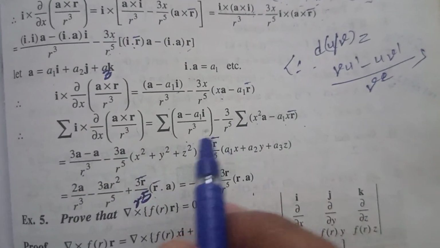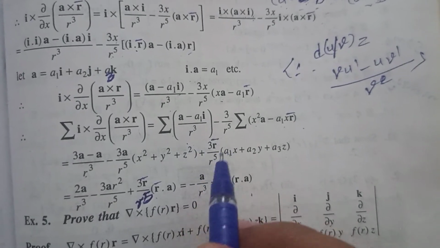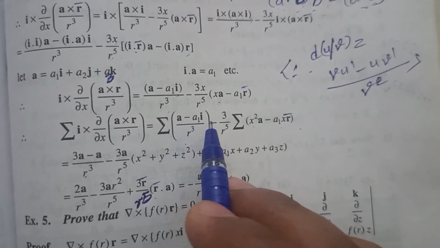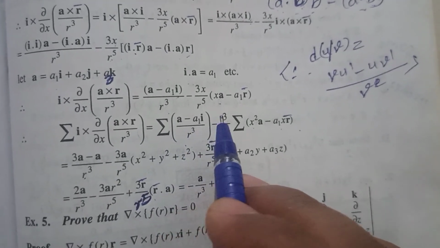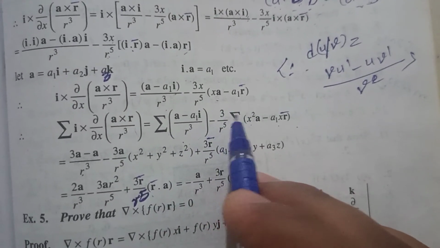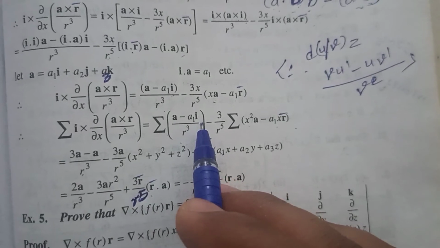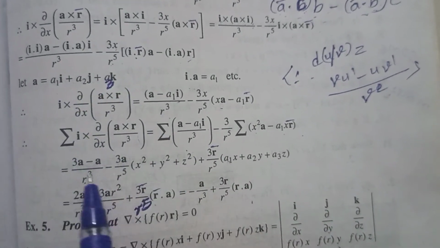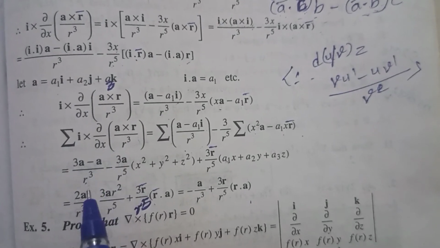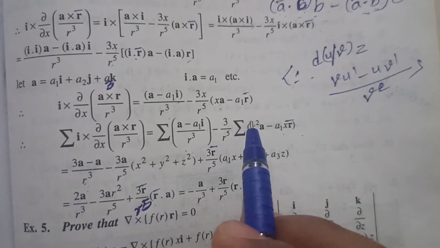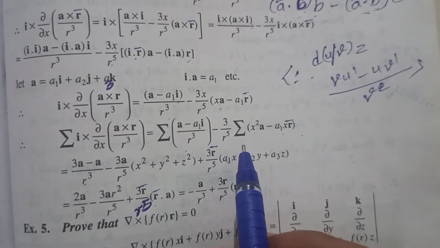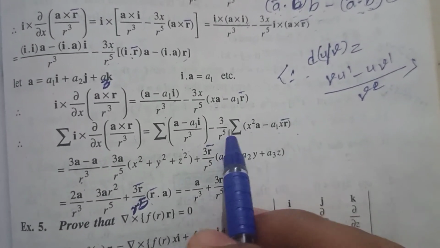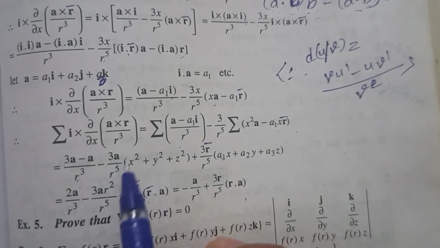Here a1 î plus a2 ĵ plus a3 k̂, if you apply this summation, that means a1 î plus a2 ĵ plus a3 k̂ means A. Here we write that A by r³ minus, see here this A writing outside, 3A by r⁵.